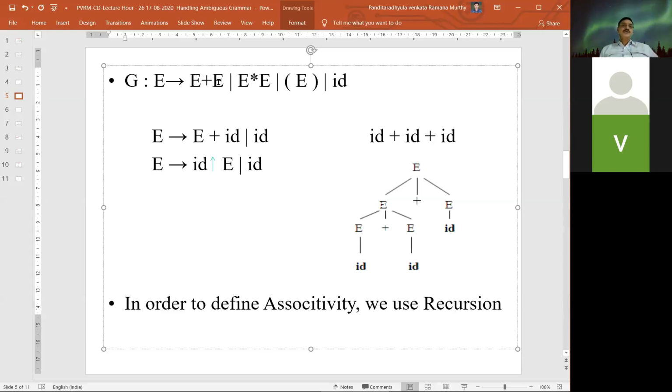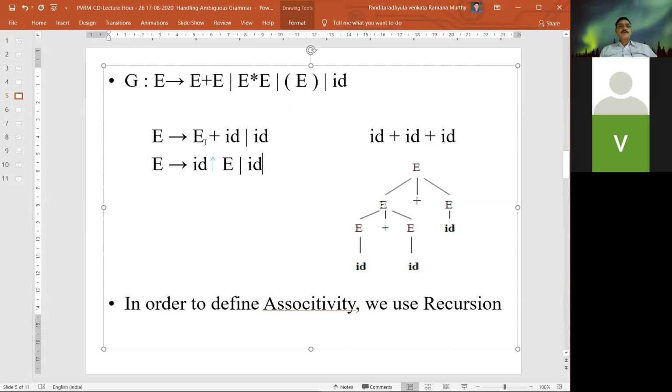So we are not allowing the grammar to go on the right hand side. That is the reason this E plus E is replaced by E plus ID. We are not giving the second E straight away.